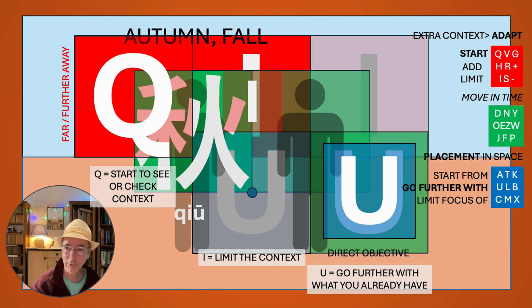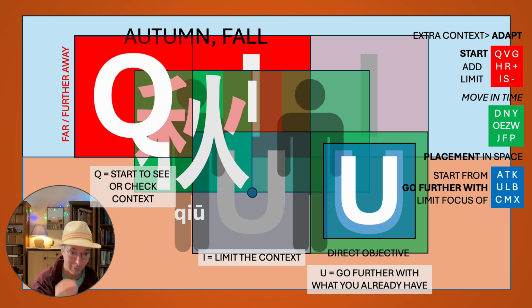So Q is the first one. It is the starting point of context. So it actually says, no, we have to start to look for context first. It's the first thing we need to do. The second letter, I, says we also have to limit the context. So we have to check the context, limit the context, and it is also about limited context, so we have to give attention to that point.